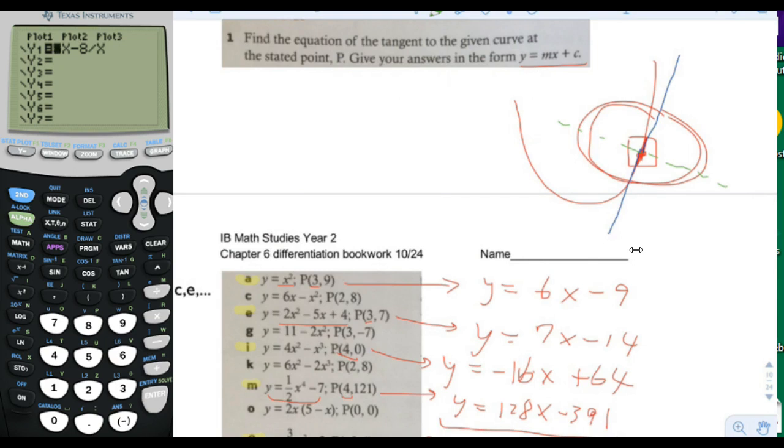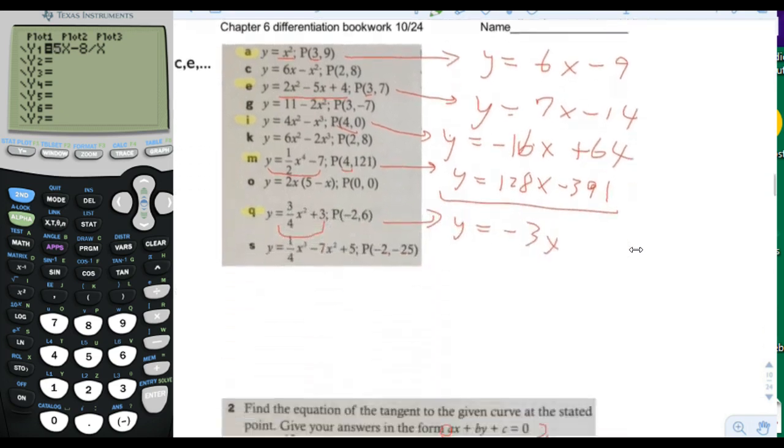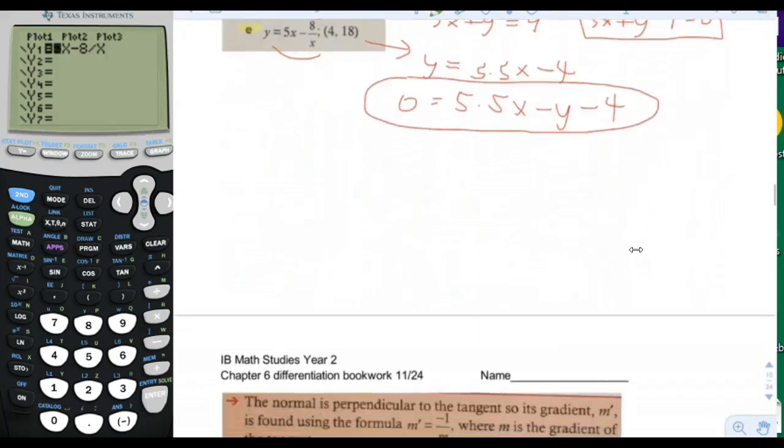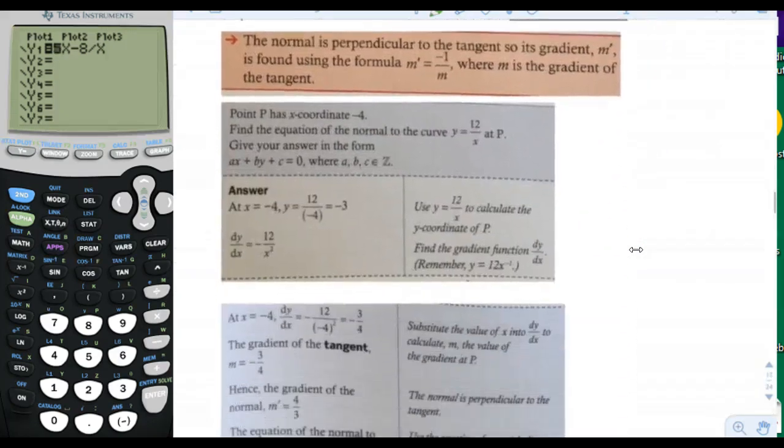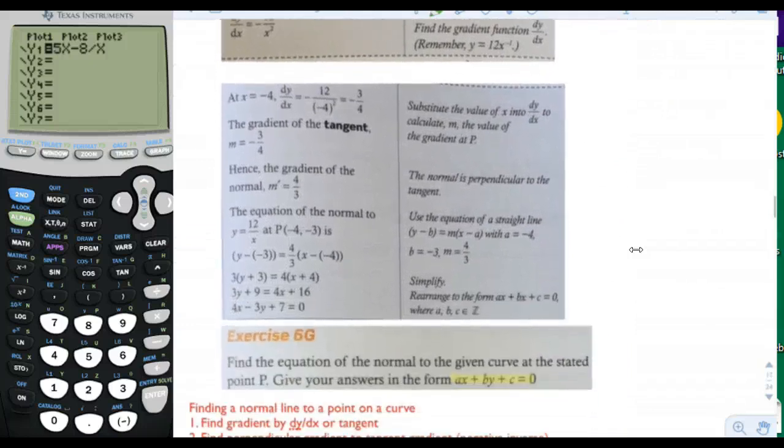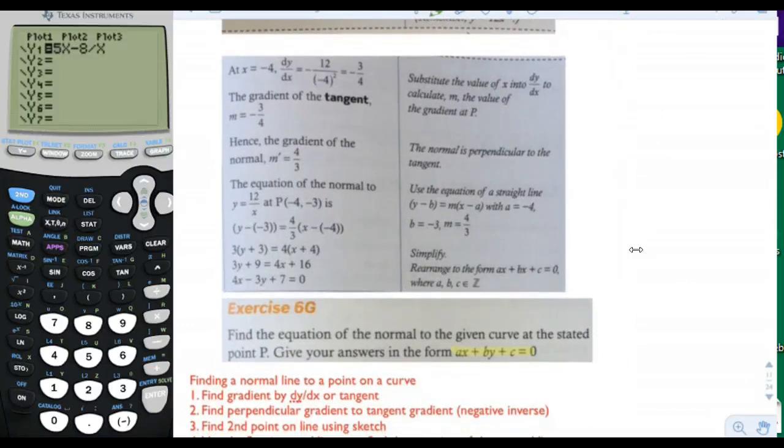Now, the tangent line, remember, is really easy to find on the calculator. The normal line is not so easy, but we use the same functions we've been using to find the derivative and the tangent on the calculator.